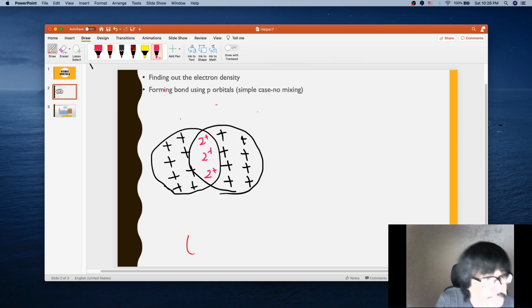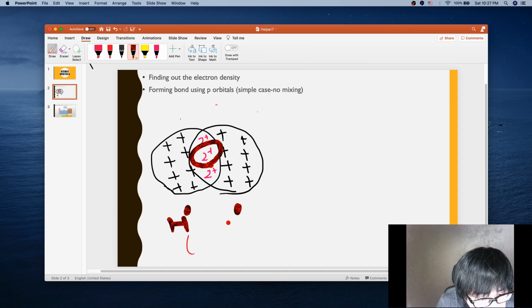So let's try to find the electron density around this spot right here, the position in between the hydrogen atoms.